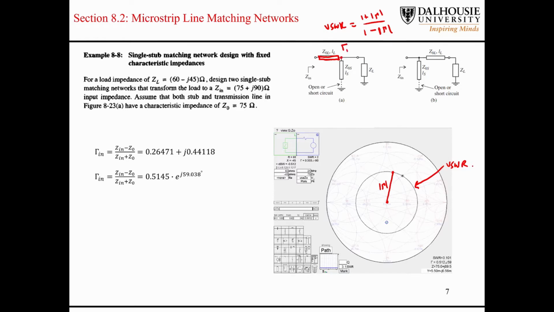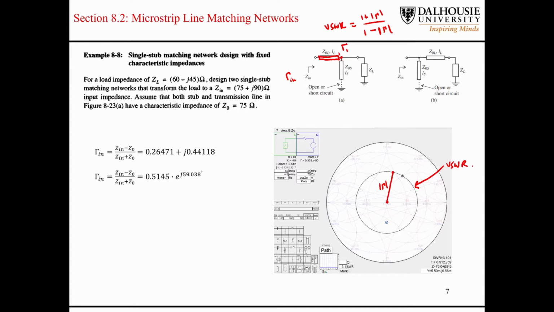We want to figure out what the reflection coefficient is at that point. Right now we're not interested in the phase, but in order to figure out what VSWR circle we're located on, we want to be able to calculate the input reflection coefficient, because we know that the reflection coefficient at point 1 here is going to reside on the same VSWR circle.